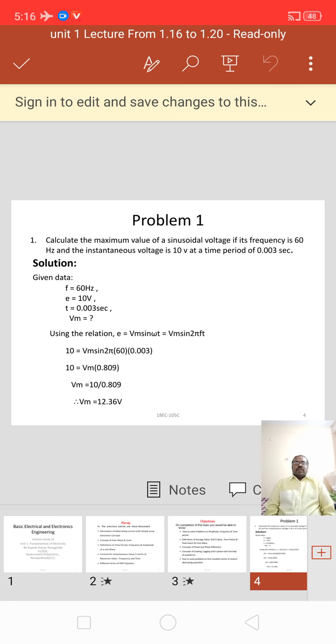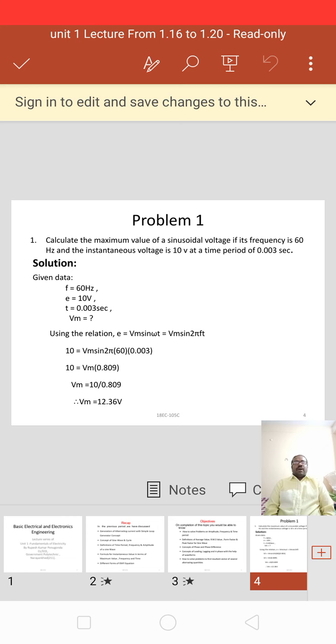First problem. Calculate the maximum value of a sinusoidal voltage if its frequency is 60 Hz and the instantaneous voltage is 10 volts at a time period of 0.003 seconds.